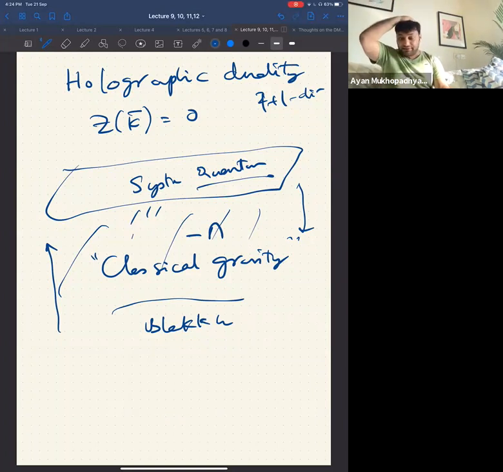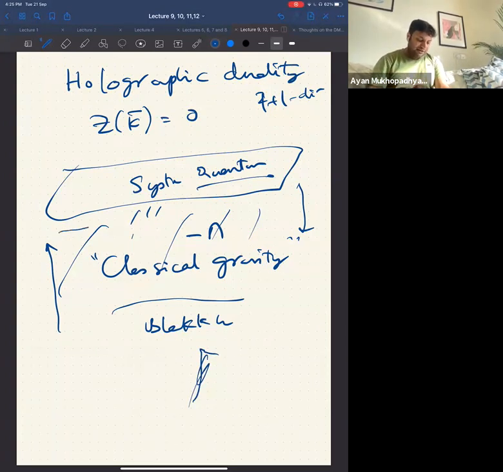If you were living in such a space, you would almost see it as one dimension less, because the volume is increasing very fast in the radial direction. It's like a saddle, where most of the volume is towards the boundary. So you basically see only one dimension.